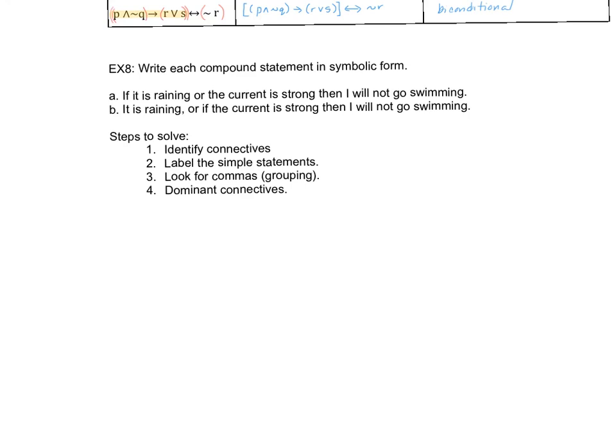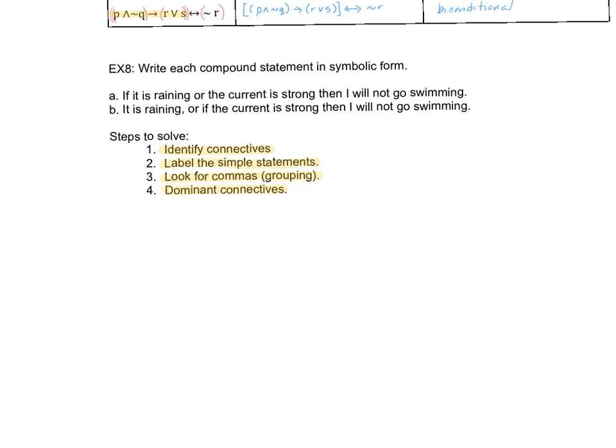But in part B, there's a comma there, so it's telling me where the grouping is. When you're given a compound statement in words and you want to write it in symbolic form, the first thing you want to do is identify where your connectives are: your and, your or, the if, then, if and only if. You want to label your simple statements. And look for commas, which would indicate that there's some sort of grouping. If you don't have commas, then you're going to have to go to your dominant connectives.